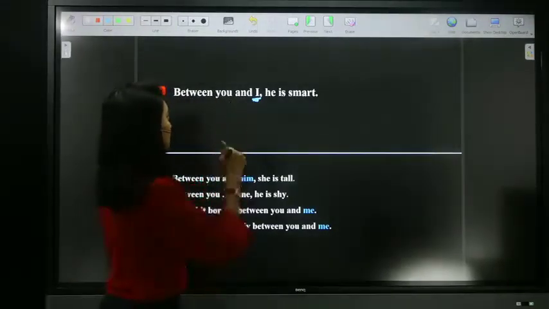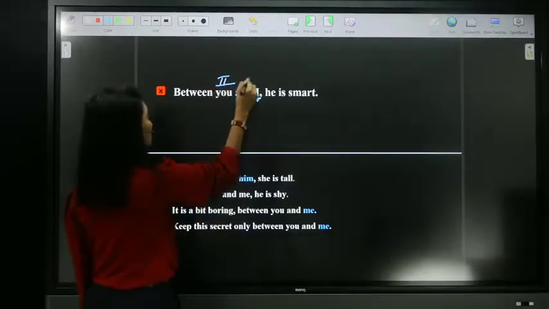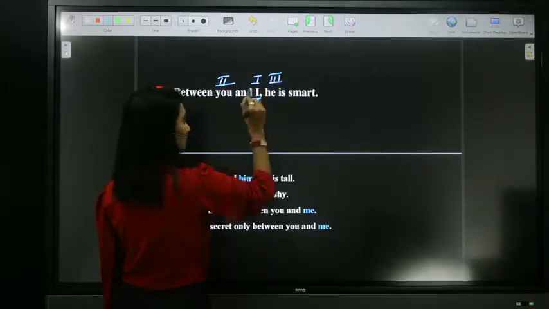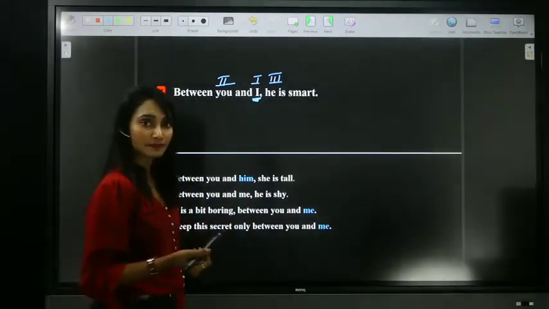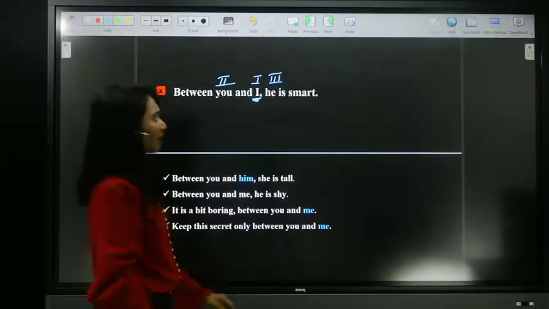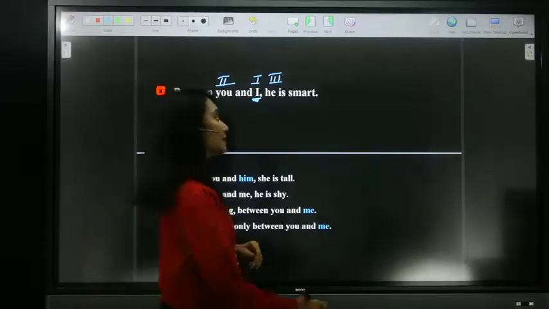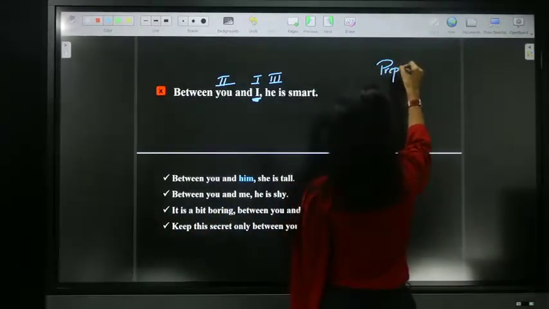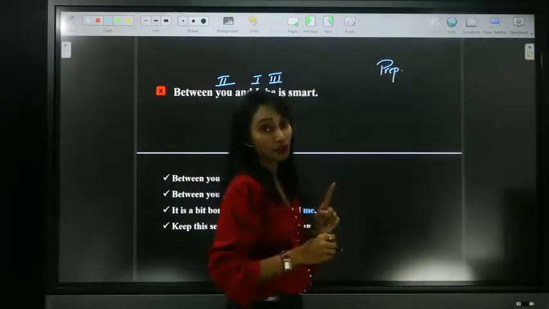Here we have second person, first person, and then third person. Already I told you, the concept is with prepositions. Here, between is a preposition.